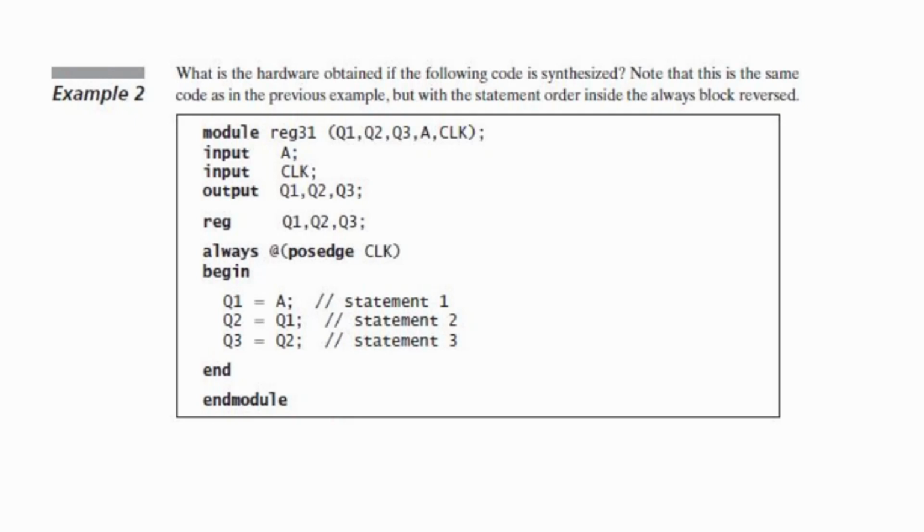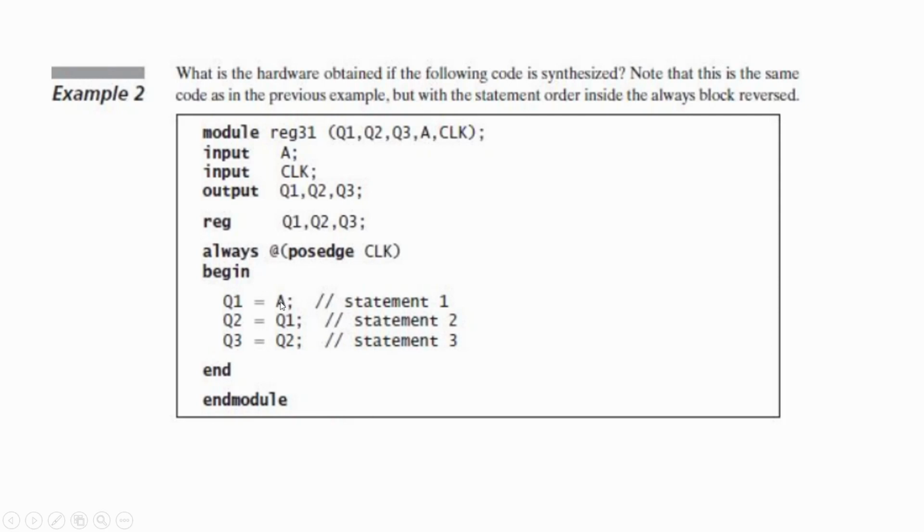Say Q1 = A. The value of A is not defined. So for input A, we get Q1, and Q2 = Q1, Q3 = Q2.